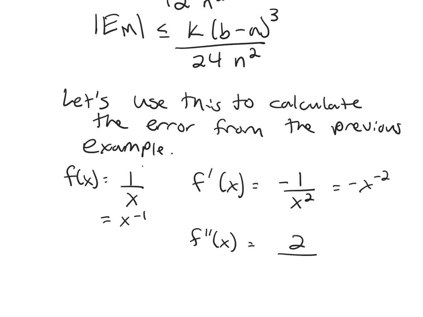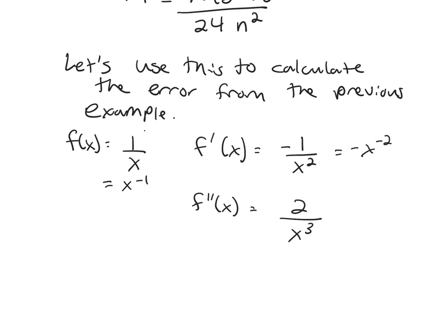It'll become a positive 2 over x cubed. So I need to know how large this can be in the interval that I'm looking at. Remember, x is between 1 and 2.